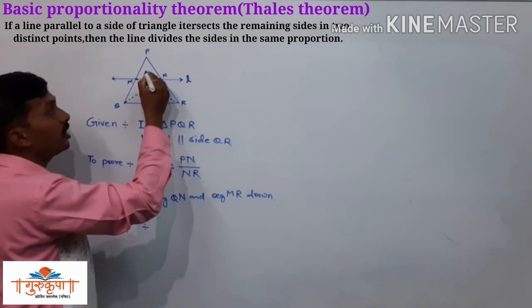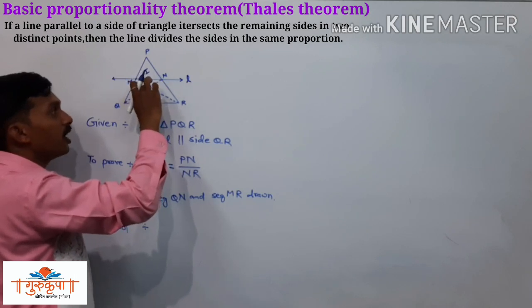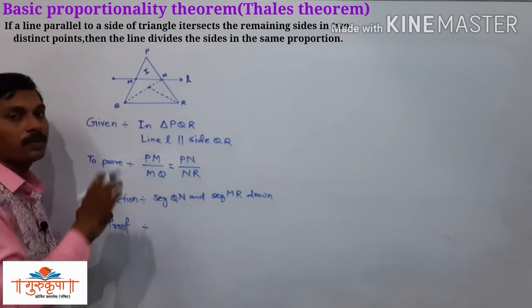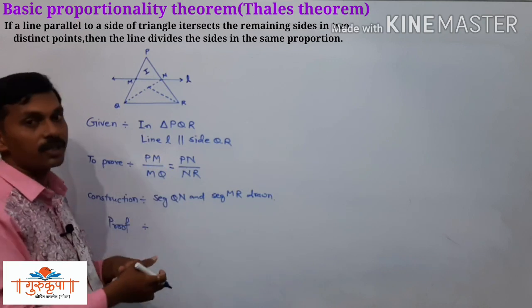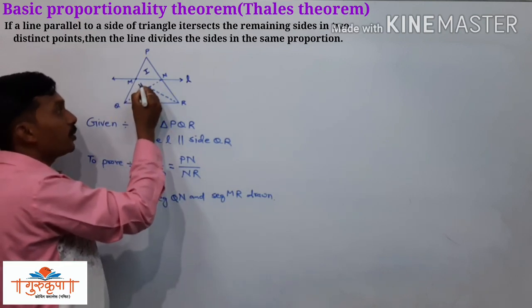See, the first triangle is triangle PMN. Only I will erase this part, you will get better information there, or you can easily get the information what we have to write here. Only I erase this part to get the two triangles.